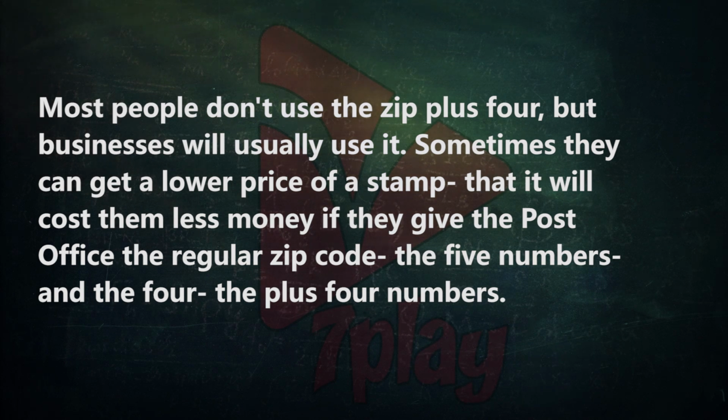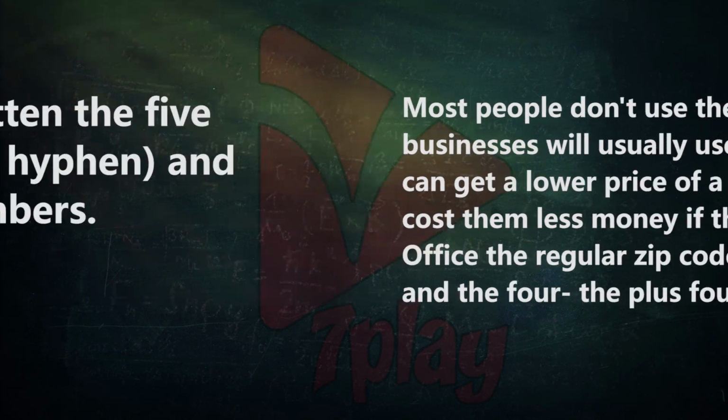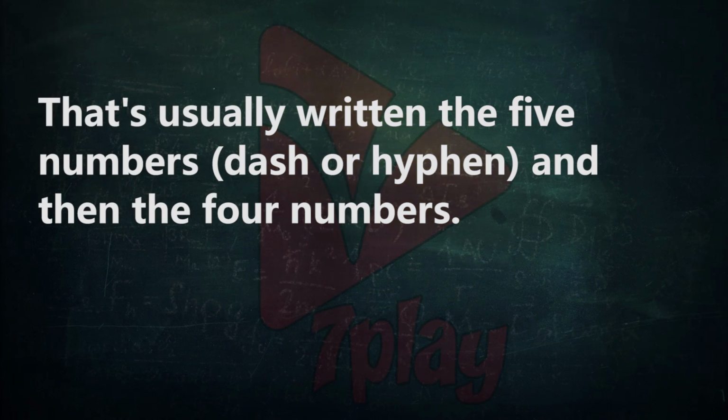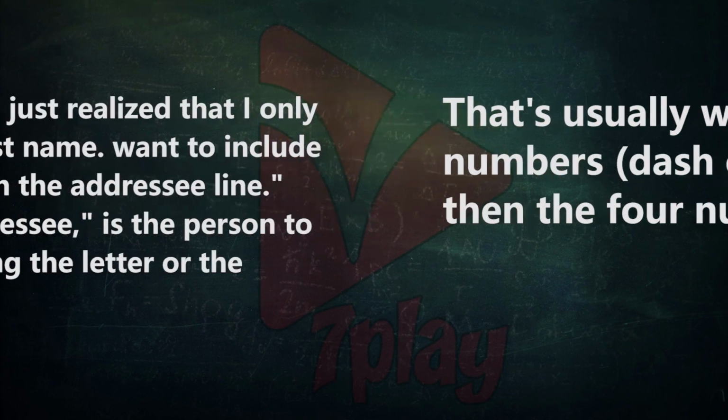Sometimes they can get a lower price of a stamp, that it will cost them less money if they give the post office the regular zip code, the 5 numbers, and the +4 numbers. That's usually written the 5 numbers dash or hyphen, and then the 4 numbers.